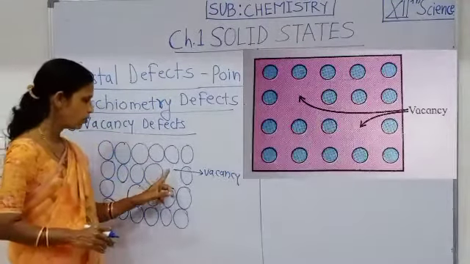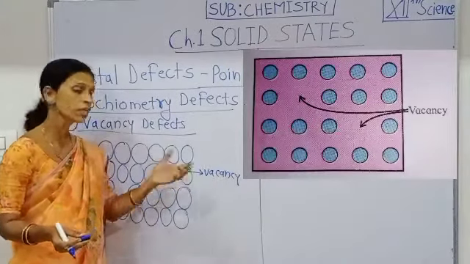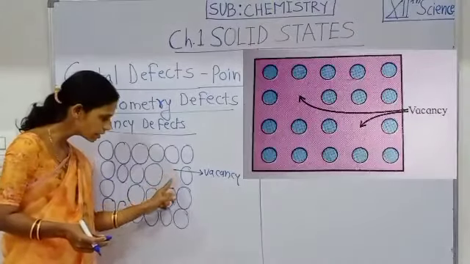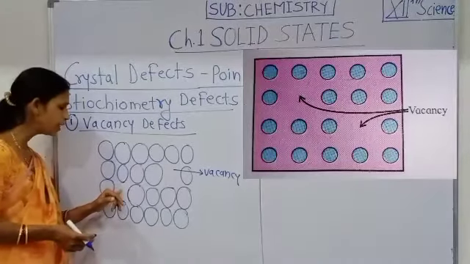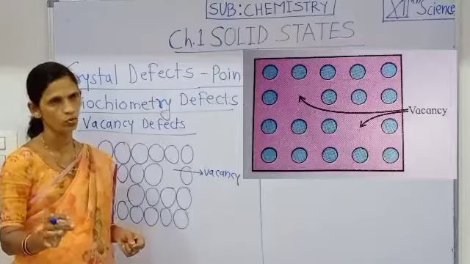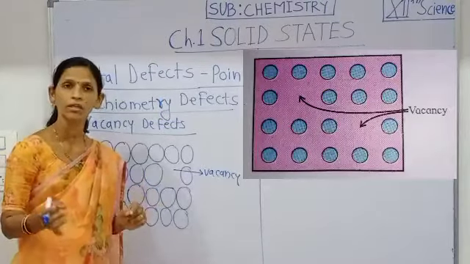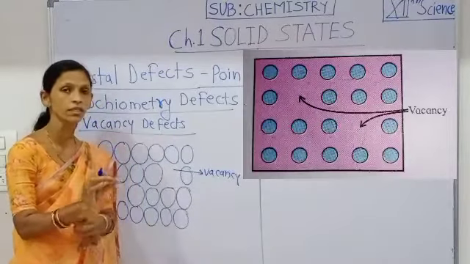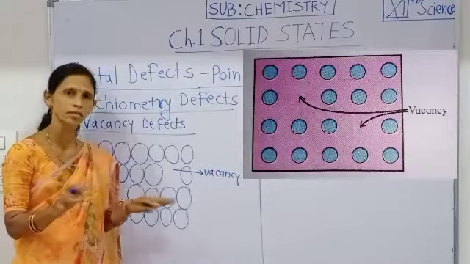When one particle is missing from its regular site, the same type of vacancy is created at another site also, because the ratio of the atoms or ions present in the crystalline substance is maintained and remains the same.